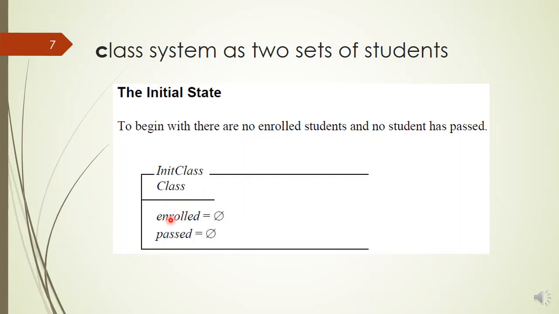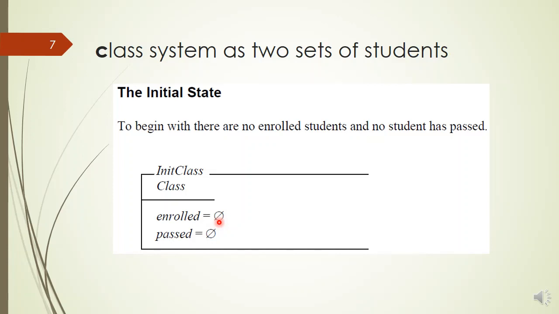Now we declare the initial values of state variables in the lower part in the form of predicates, because both the declared state variables are set variables. Therefore, the first declared variable enrolled has initial value empty set.